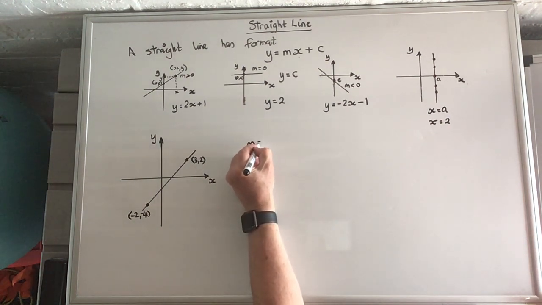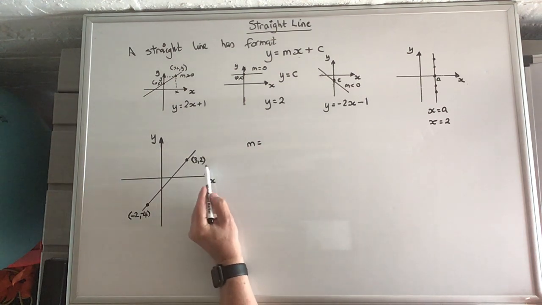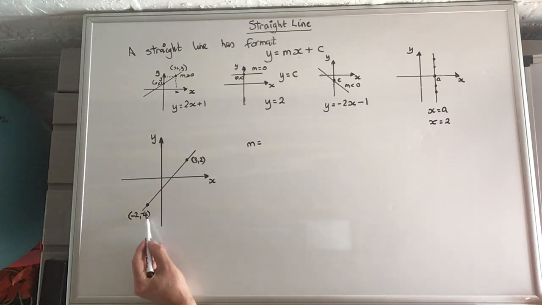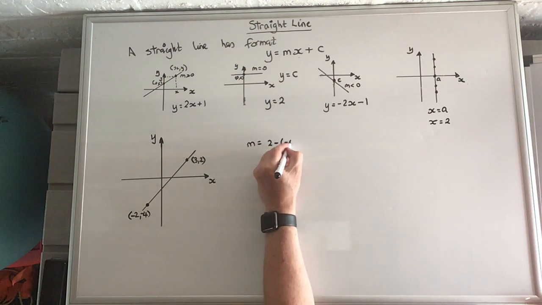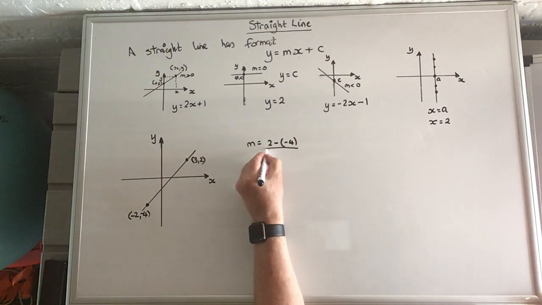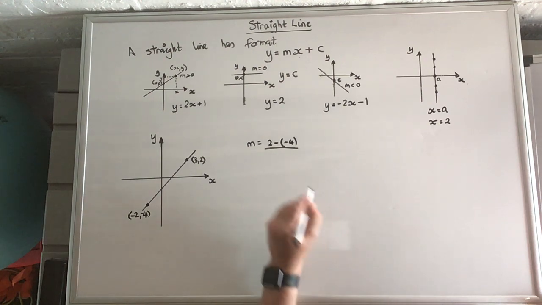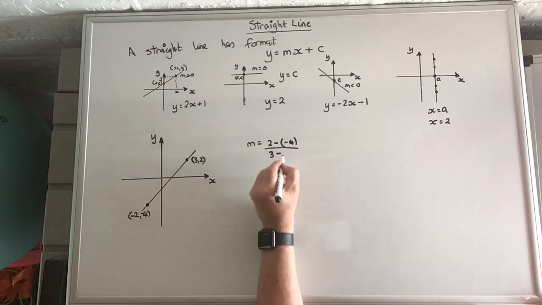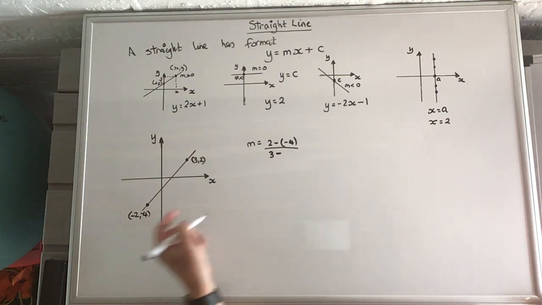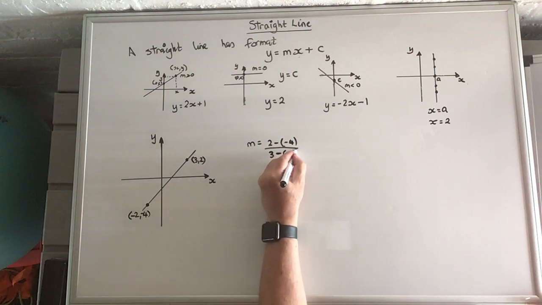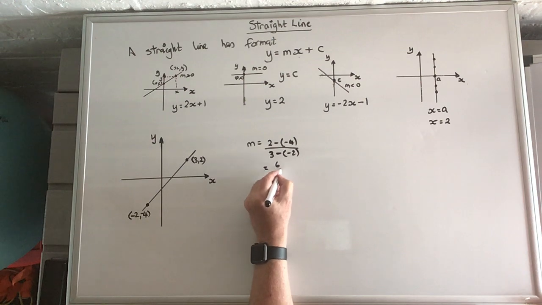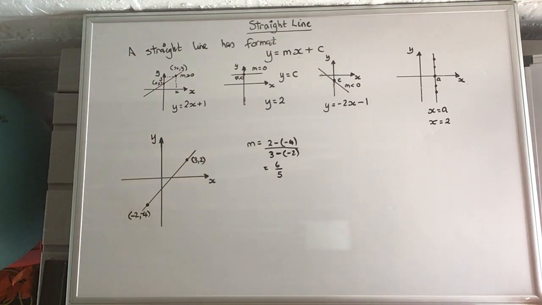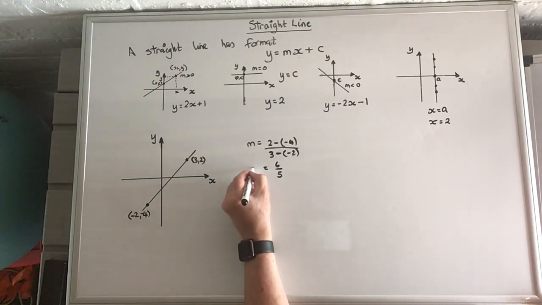Well, the gradient is going to be positive. y2 is 2, y1 is minus 4, so that's 2 minus 4 over... 3 is x2 minus x1, which is minus 2. So that gives me 6 on the top and 5 on the bottom. So there you go, my gradient is 6 over 5.